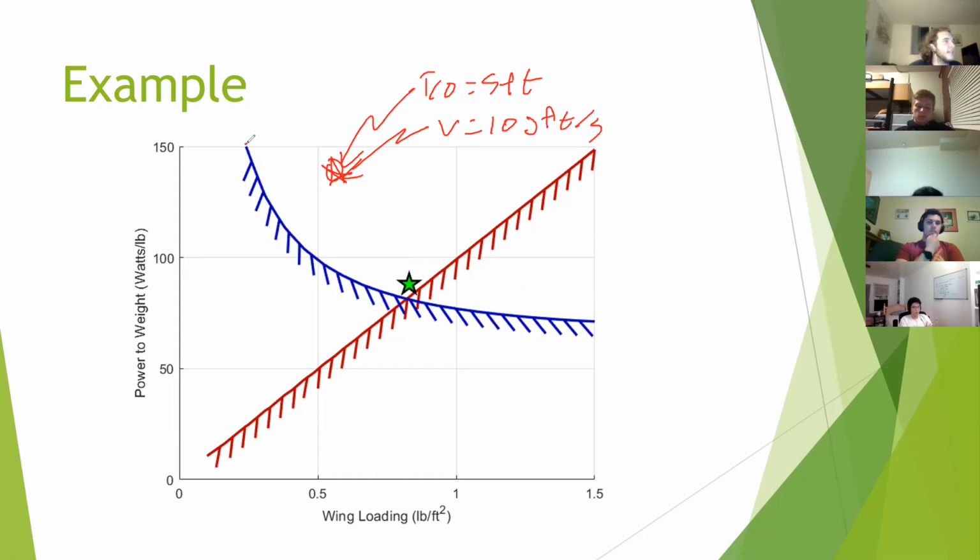The fact that it's in here means that you meet the bare minimum requirements.